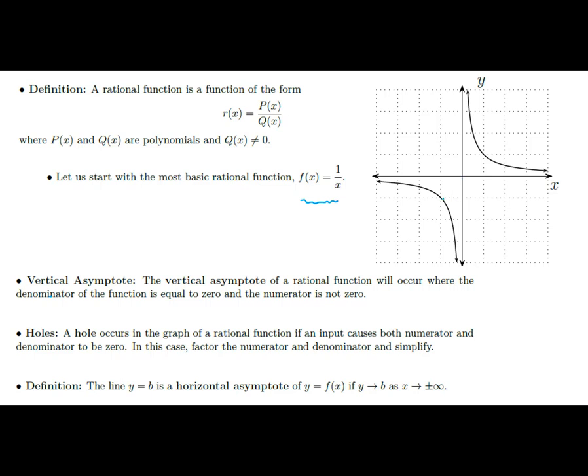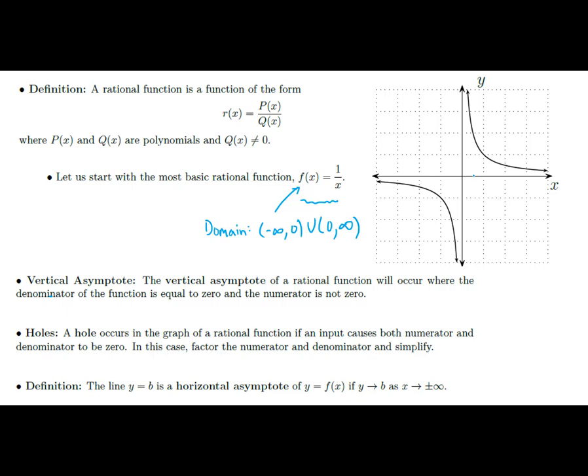Just by looking at this function and our knowledge of domains, we know that this thing has a domain of negative infinity up to 0, but I'm not allowed to plug 0 in because that would cause me to divide by 0. And so there's my domain. So I know that this graph does not exist at 0.